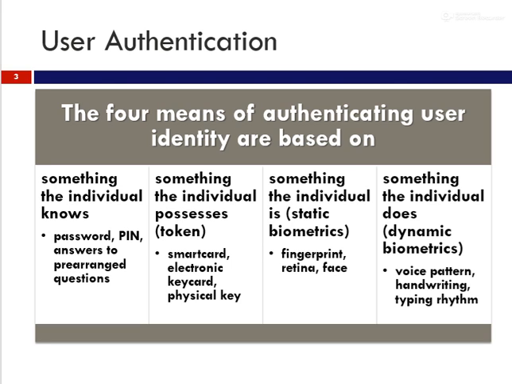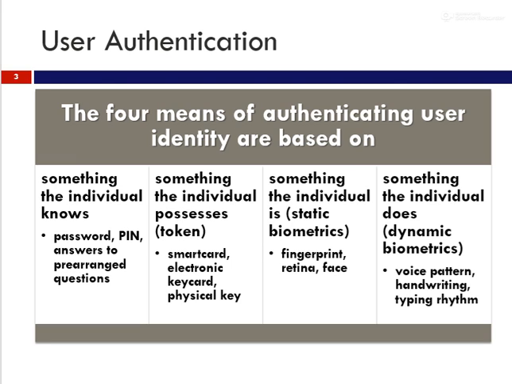The first is based on something the individual knows, something that you know, like a password, PIN number, or answers to pre-arranged questions. The second method is something the individual has, something the individual possesses, like a token, a smart card, an electronic key card, or a physical key. Based on that you have been authenticated.